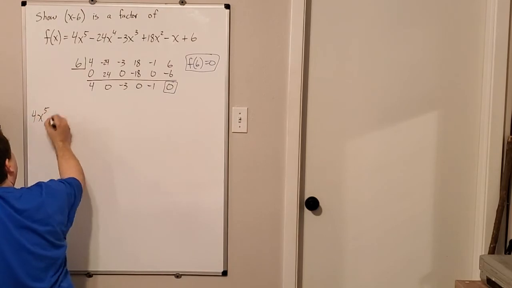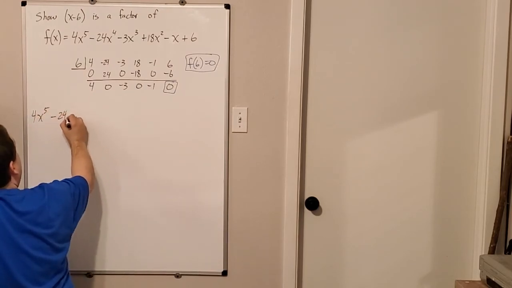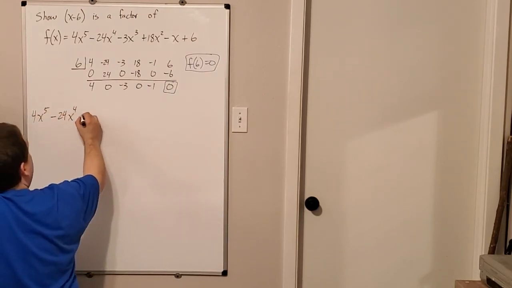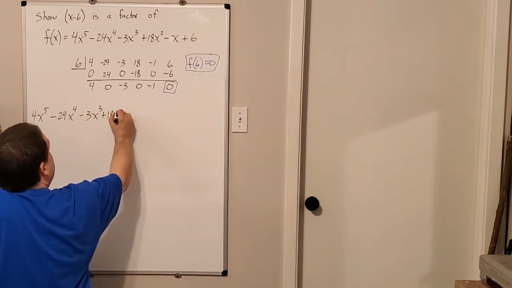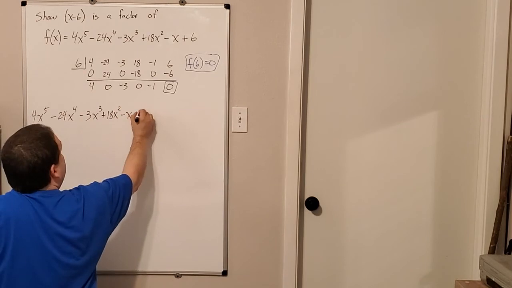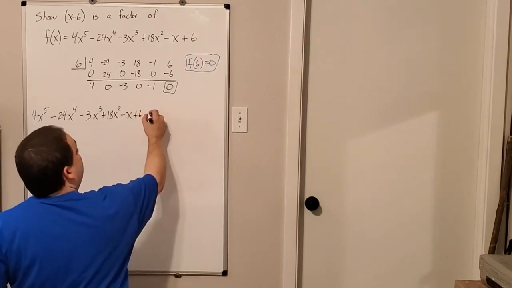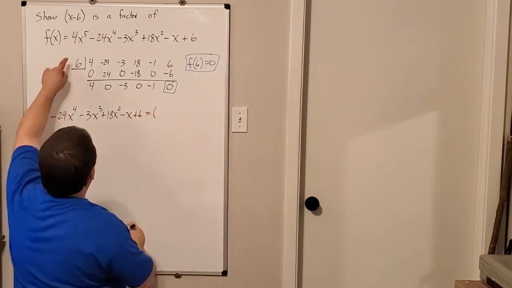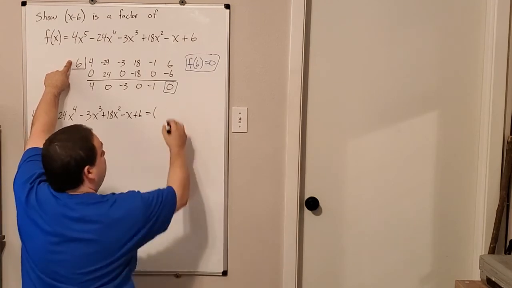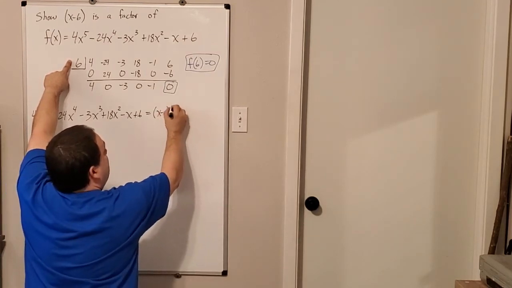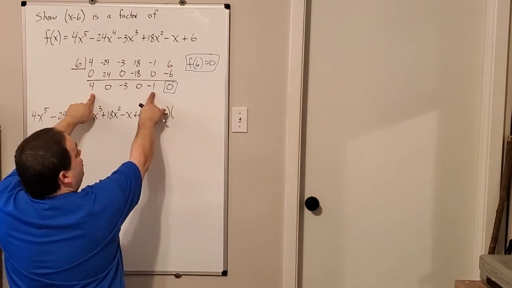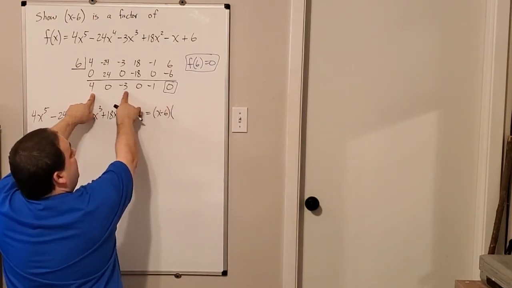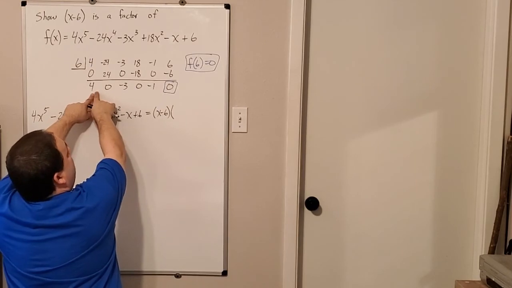4x to the 5th minus 24x to the 4 minus 3x to the 3 plus 18x squared minus x plus 6. And I can factor that into what? x minus 6 comes from the box times, I've got remainder, number, x, x squared, x third, x fourth.